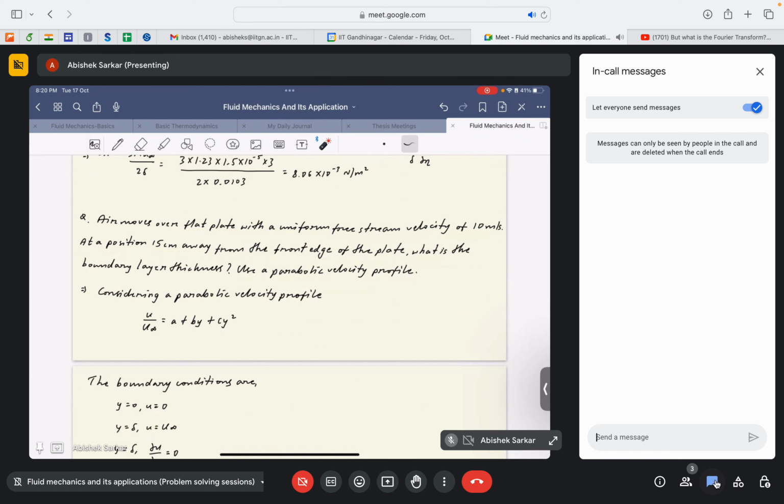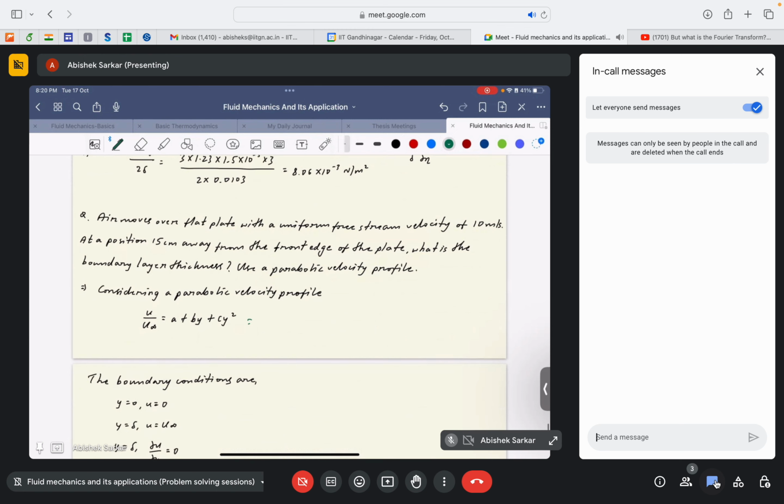We have been told to use a parabolic velocity profile, so it basically means apply the von Karman solution. To do that, we assume a parabolic velocity profile. You can do this, or just like the previous case, you can consider it to be of this form.